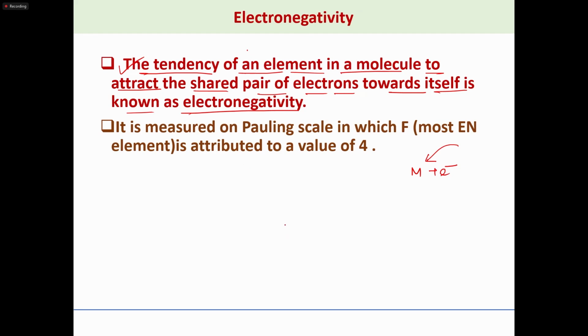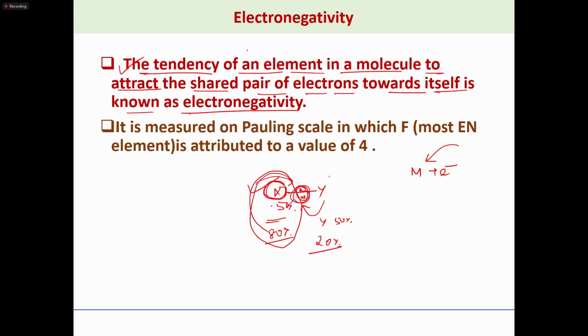But electronegativity means suppose X and Y form a covalent bond. In a covalent bond the electron pair is shared 50% by X and 50% by Y. But when the electronegativity of X is higher than Y, it will share 80% and Y 20%.